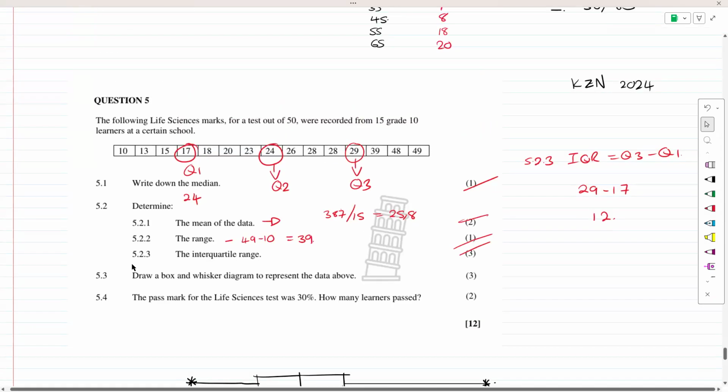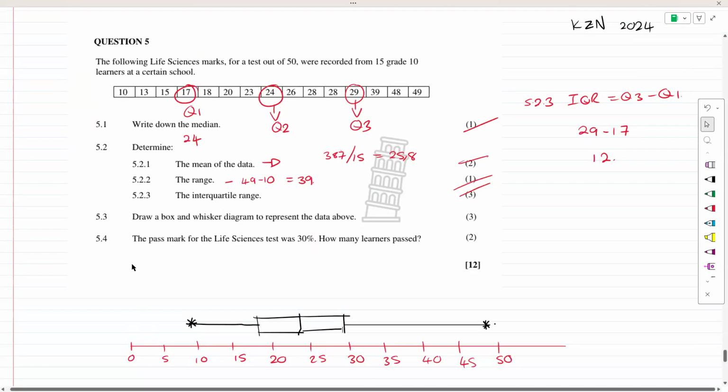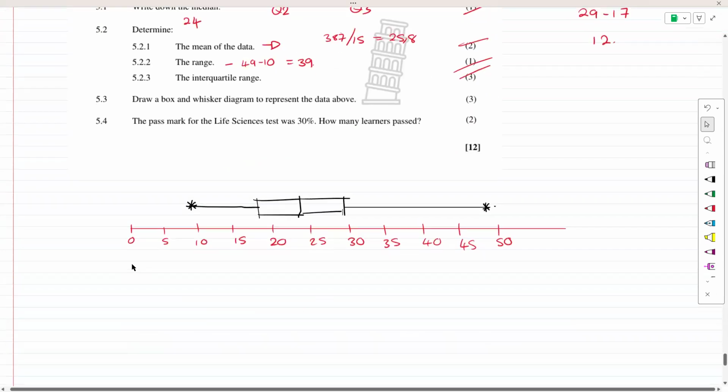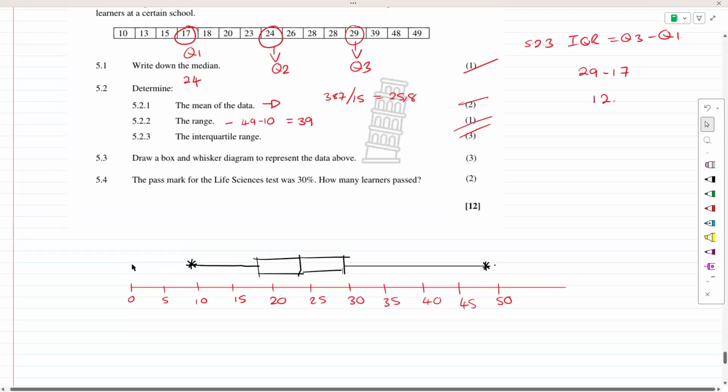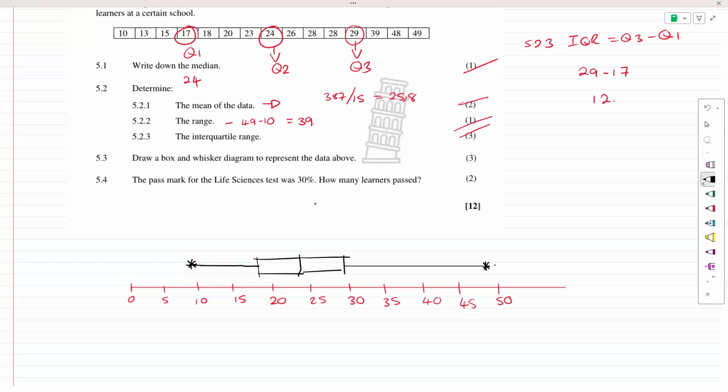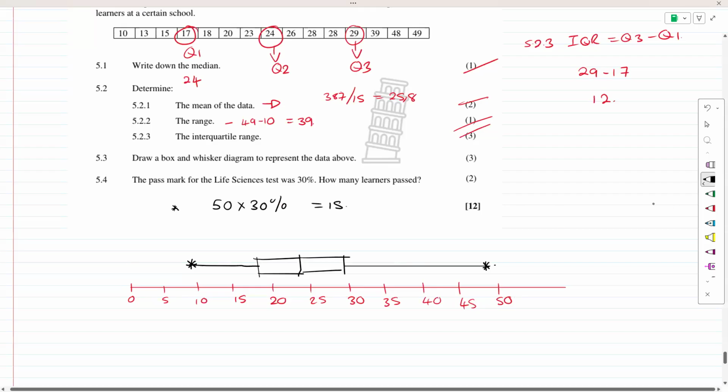Okay, so the following life science marks were out of 50. So 30% out of 50 would be quite easy, right? Let's go and try and figure out how many percent is 30%. The best way to do it is to take 50 multiplied by 30%, which should be 15, right?